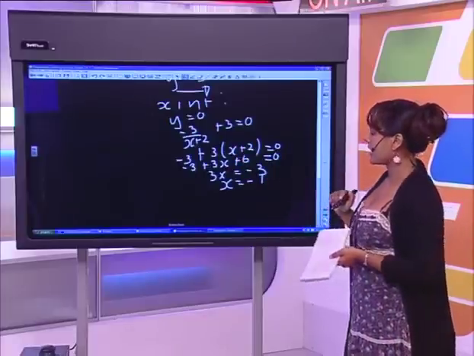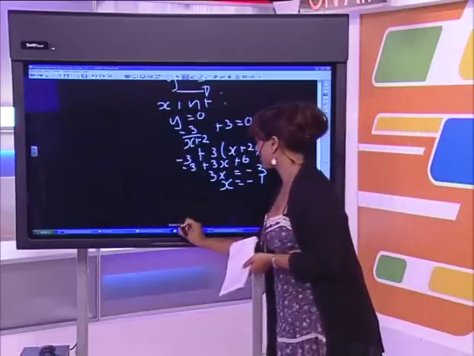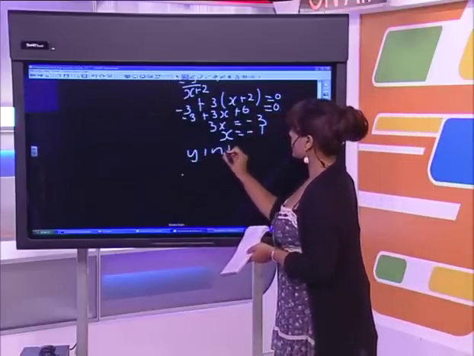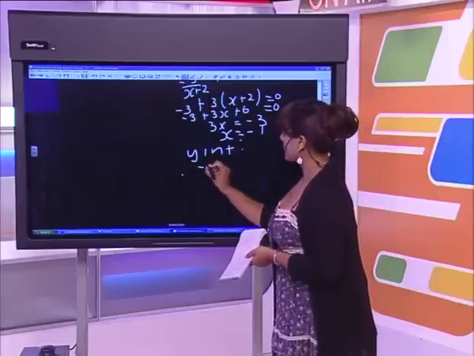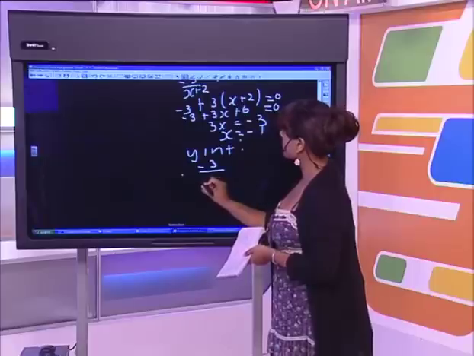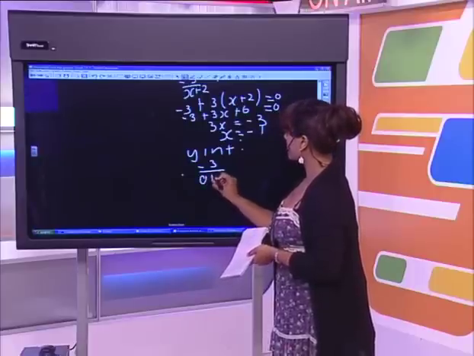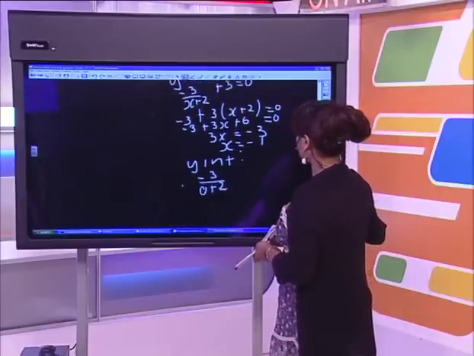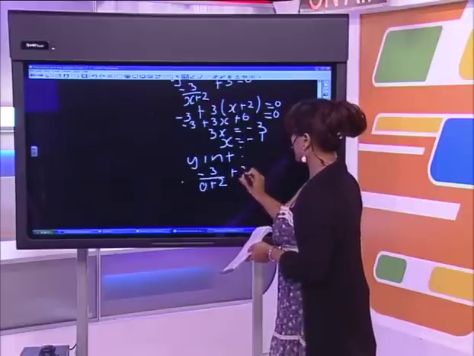So we let x be 0. Okay, so for the y-intercept, we're going to let x be 0. So we're going to get minus 3 over 0 plus 2, and let's just go back up here, it was plus 3.